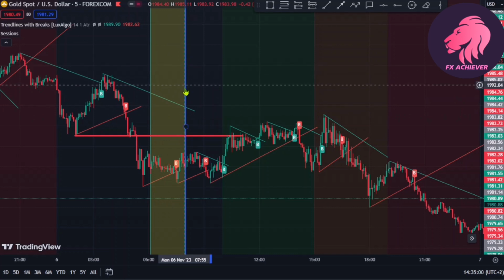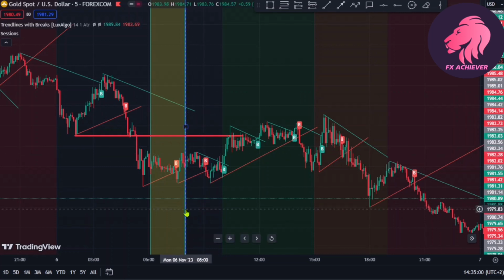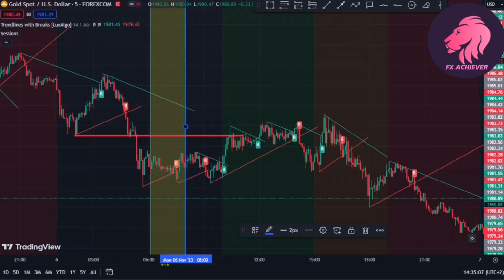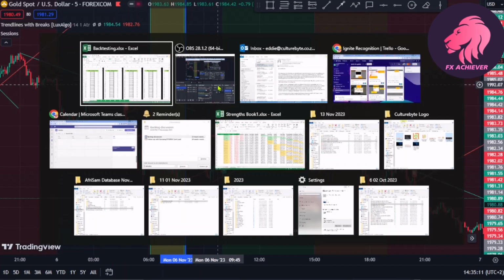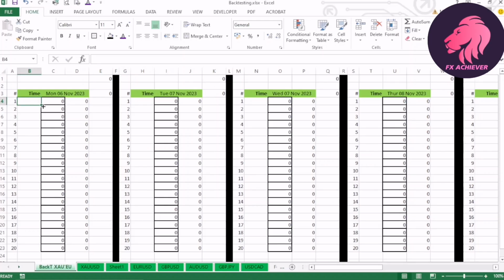I usually begin trading at around, you can check the time here, 8 a.m., and we will start on Monday 6 November to backtest this strategy. As you can see, even here I have Monday 6 November. So let's go.